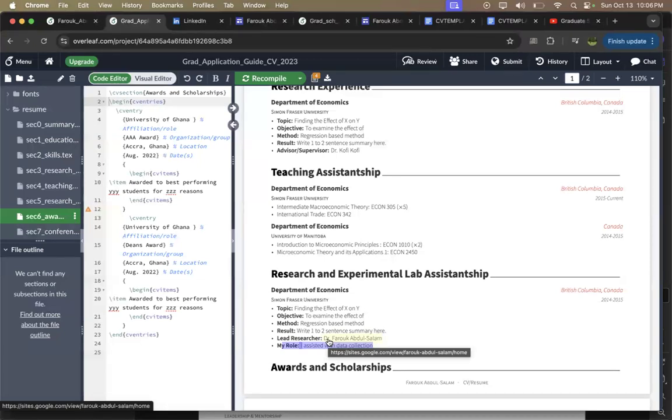you can also explore other areas as well, because sometimes you can get into a master's program, and because of the nature of your research work, your professor can ask you to take a course in a different department because that particular course would help you to understand your research work.